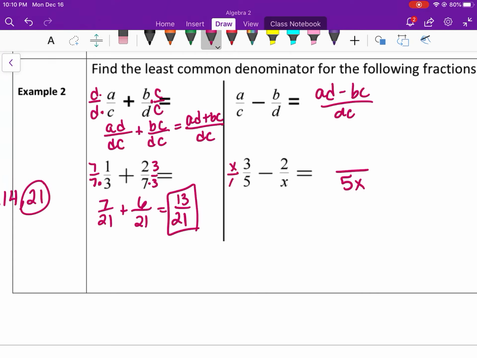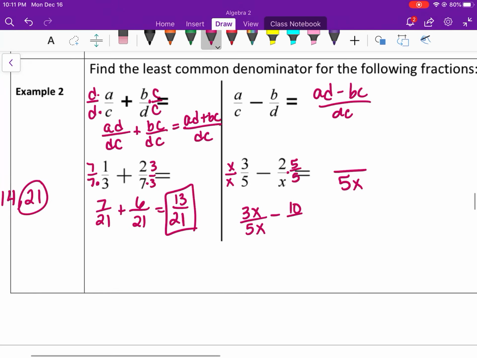So I'm going to multiply the first fraction by x over x. Essentially that's 1, because x divided by x is 1. And I'm going to multiply the second fraction by 5 over 5. So that's going to give me 3x over 5x, which you can see would reduce back down to just 3/5. And then minus 10 over 5x, which again would reduce to 2 over x.